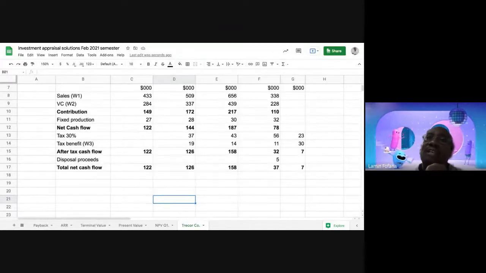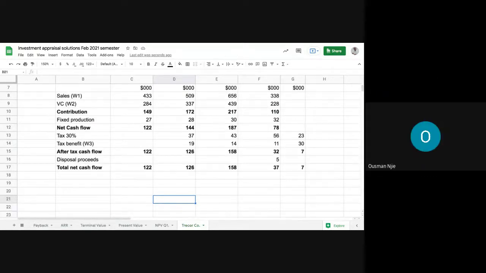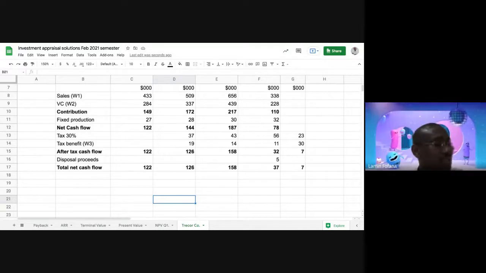And after that, we add all the discounted inflows and we deduct the discounted outflows from them. Is that clear? Yes. Excellent. But now, our problem is our discount factor. What percentage are we going to use? Are we given it in the question?